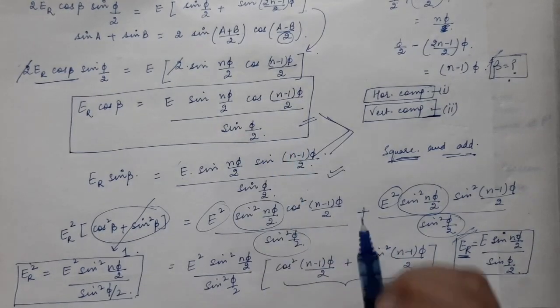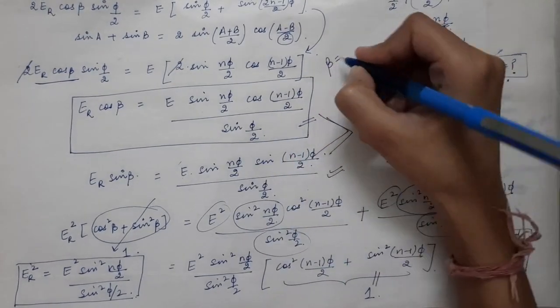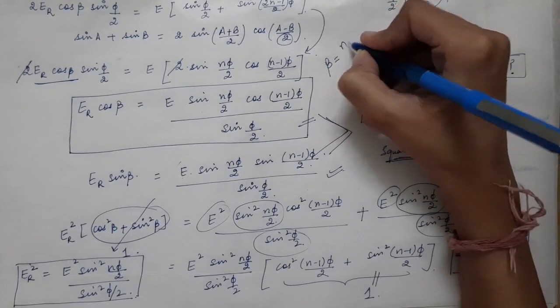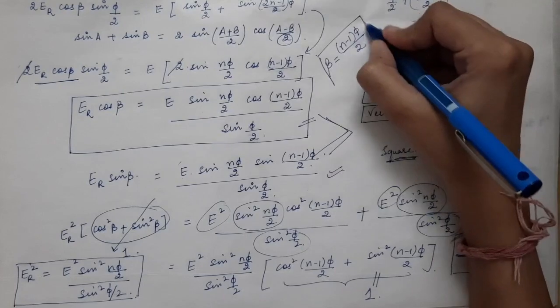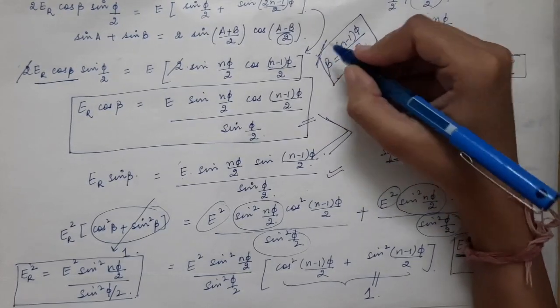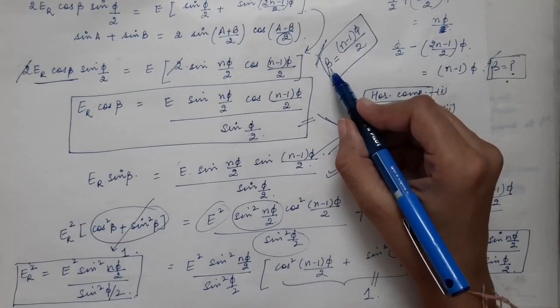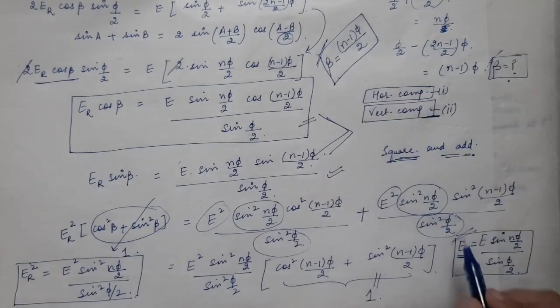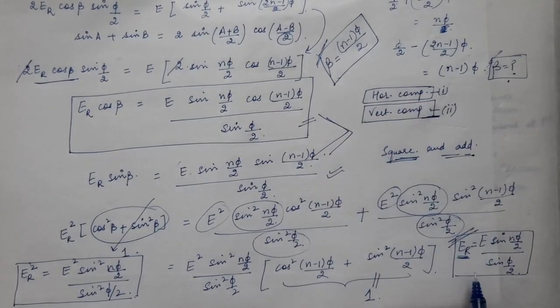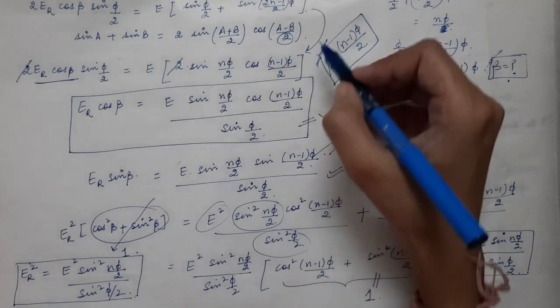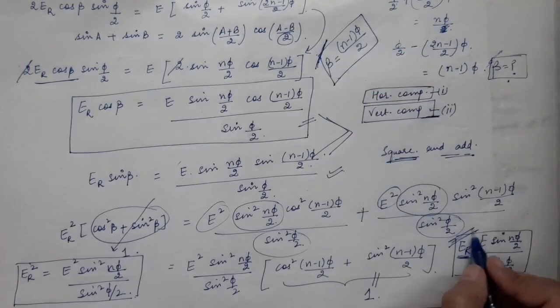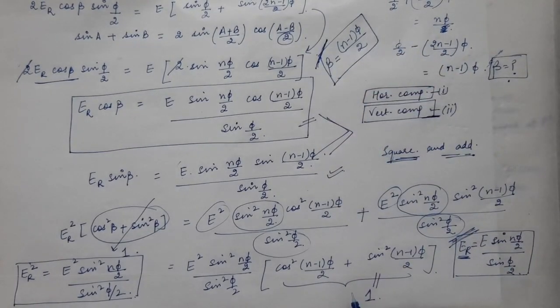From there you can easily see that beta will be equal to n minus 1 into phi divided by 2. This is the general formula for the phase of the resultant wave with respect to the first, and the earlier one is the general formula for the amplitude of the resultant wave.